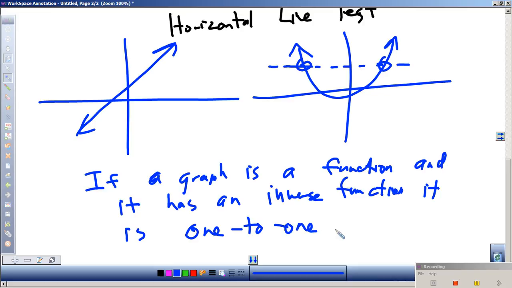So this term 1 to 1 means this. For each x, there is exactly one y, and for each y, there is exactly one x.